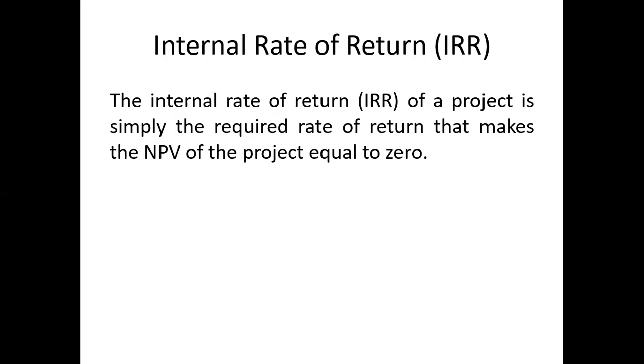So here you can say simply the IRR is the rate at which the NPV of your investment would become 0. Or in other words, it is simply the rate that is provided by your investment. So it is the return that is exactly generated by your investment.